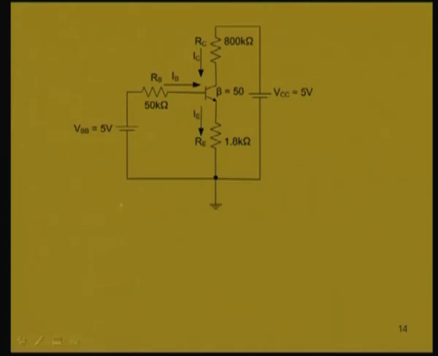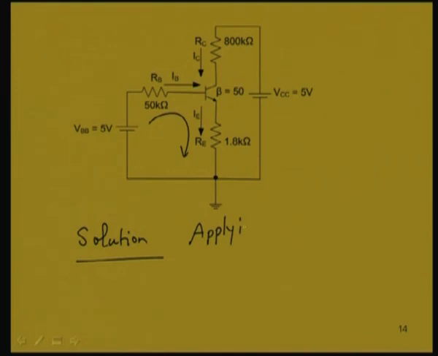In this circuit we will now be solving to find out the currents. We will be using those laws which are relevant, Kirchhoff's voltage law, current law, etc. In this transistor circuit, if we look into this base emitter loop, we can apply KVL.